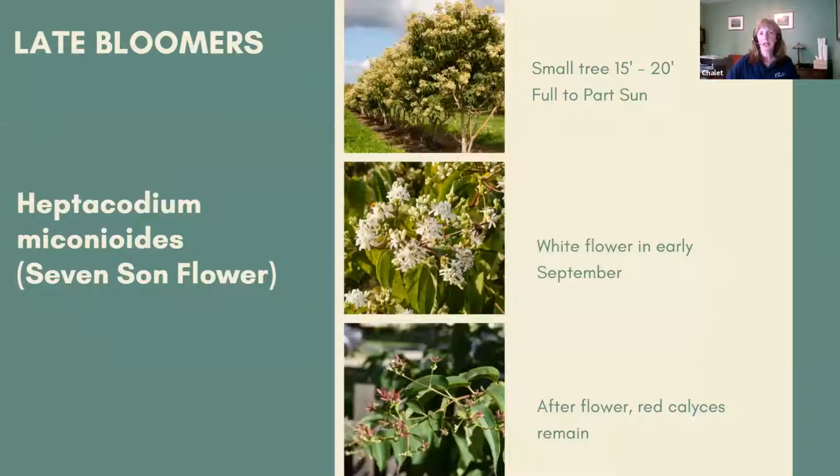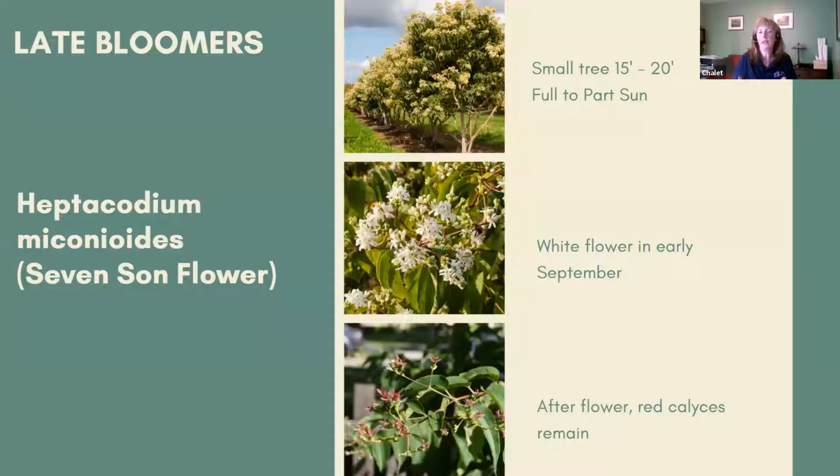So the first one I put is my favorite small tree, the Heptacodium miconioides. It's called the seven-son flower tree. I think it's bad naming, frankly, is part of the problem. It's not a flower at all. It gets 15 to 20 feet high, full to part sun. It gets this lovely, cute little white flower in early September, which is now over. And then after it flowers, it gets these red calyxes or bracts, which is sort of the outer shell of that flower.